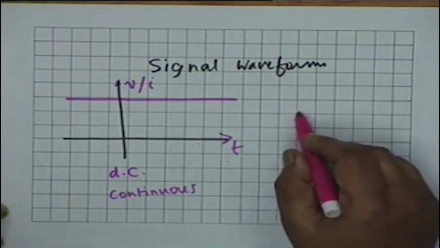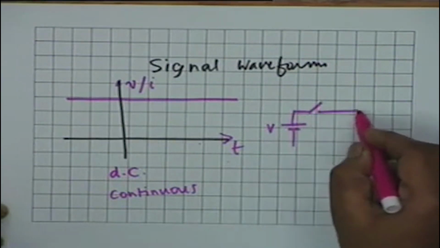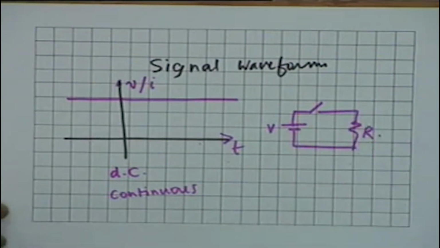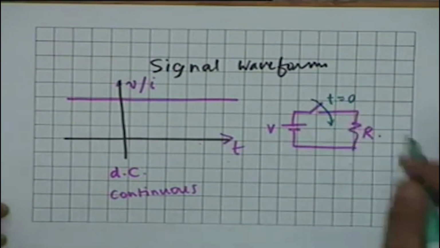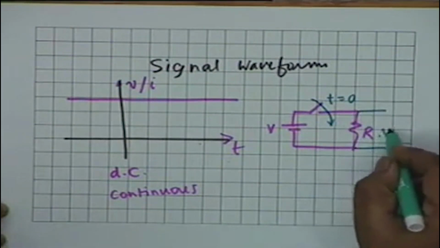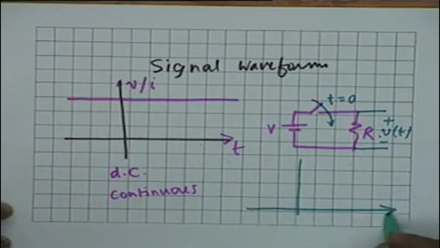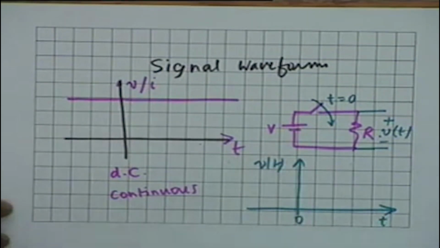Consider now a battery, let's say a voltage V, in series with a switch and a resistance R, all right. And suppose the switch is put on at time t equal to 0. Then if you measure the voltage across this, V of t, and you plot the voltage V of t versus t, this is t equal to 0, then for t less than 0 it is 0, and for t greater than 0 it is equal to capital V. Isn't that right?